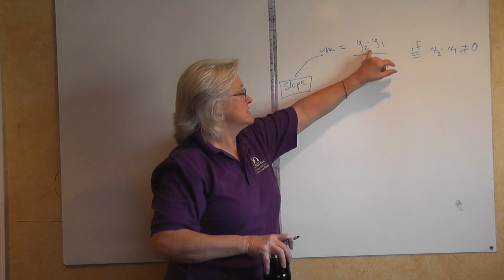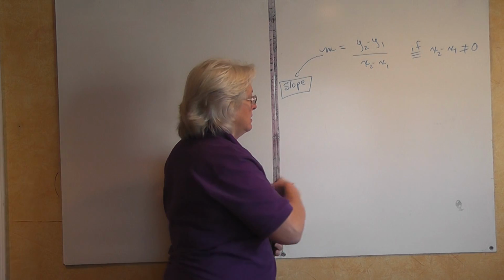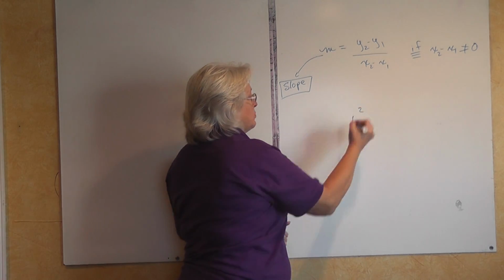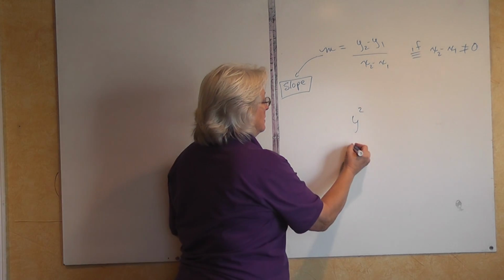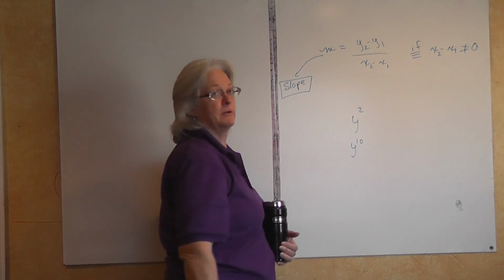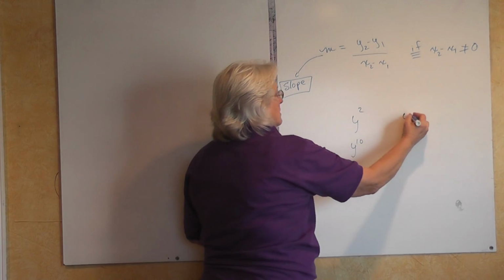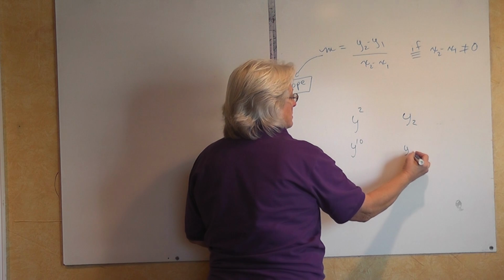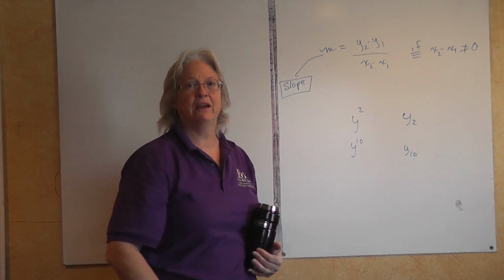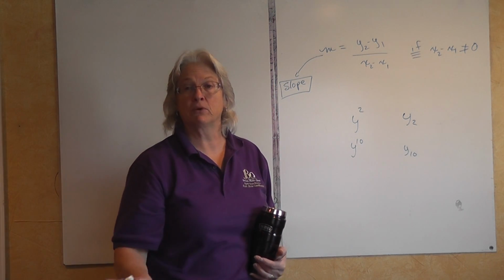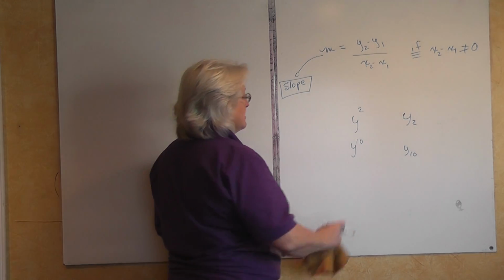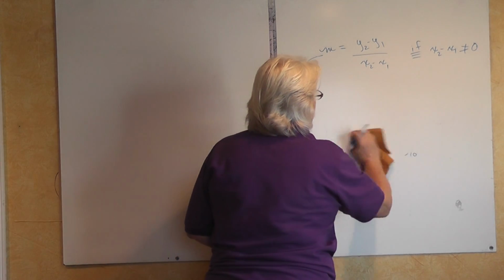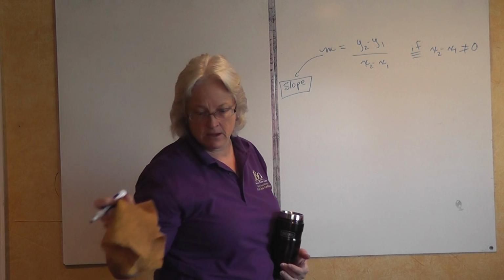That's because these are just subscripts. If that's y to the 2nd, y to the 10th, y sub 2, y sub 10. It's just how you read numbers that have superscripts and subscripts on them.